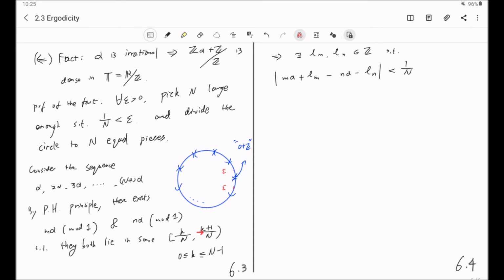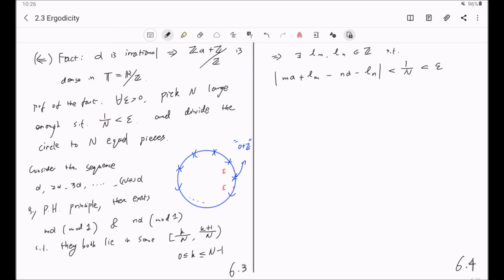Because they lie in the same interval and you take the subtraction, the difference will be sufficiently small, smaller than 1 over n. So if you remove this modulo 1 from the parentheses, then you have to add some integers to those two parts. So this absolute value is less than 1 over n. And remember, 1 over n is less than epsilon by our choice at the beginning.